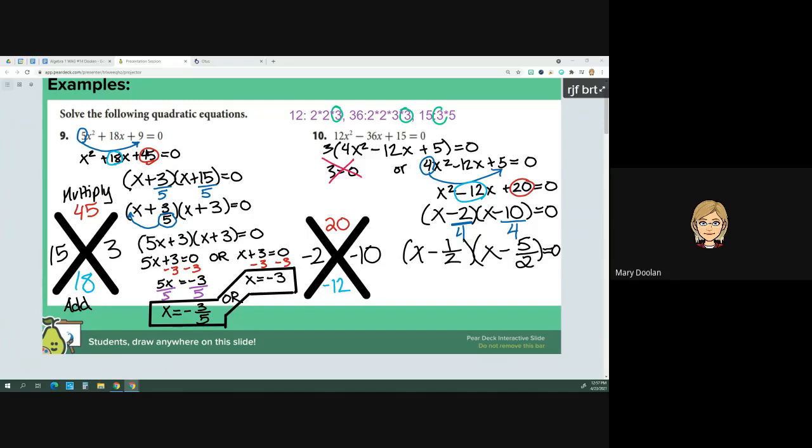Okay, so we simplified them, but now we need to bring anything left in the bottom up. So I can circle the 2 and bring it up here, circle this 2 and bring it up here. So my final factored form is 2x minus 1 times 2x minus 5 equals 0.